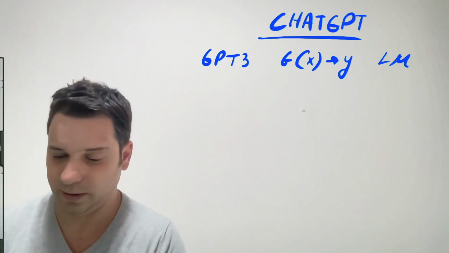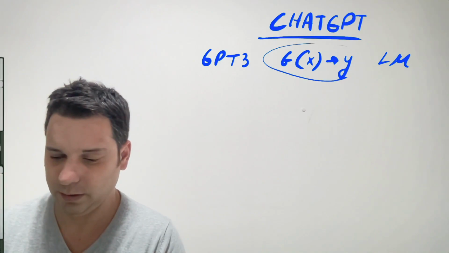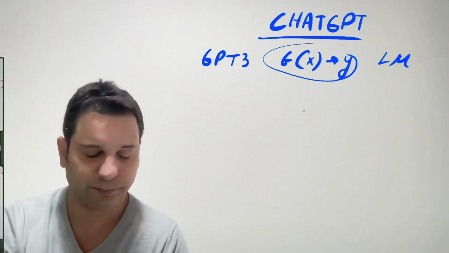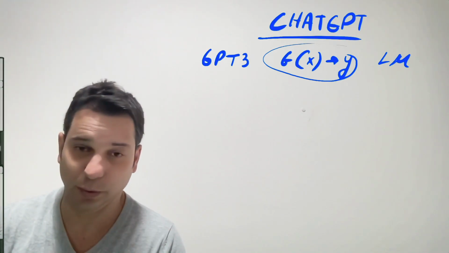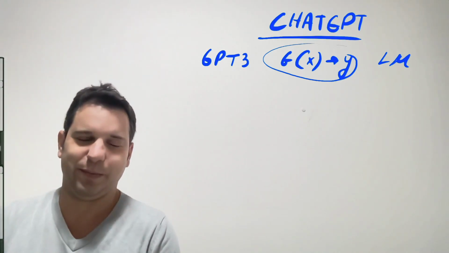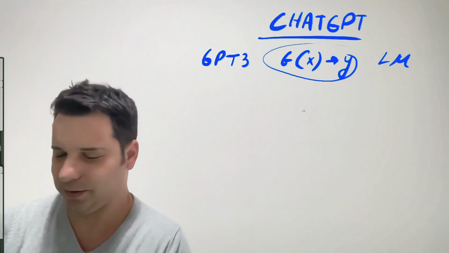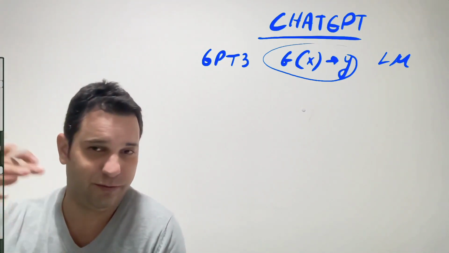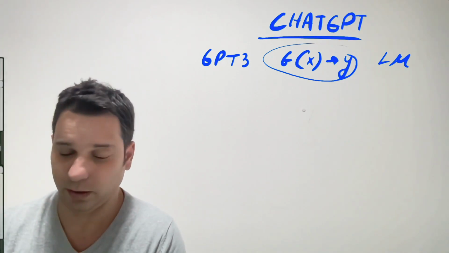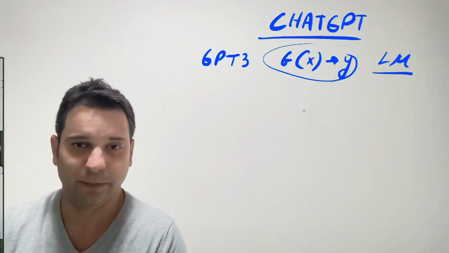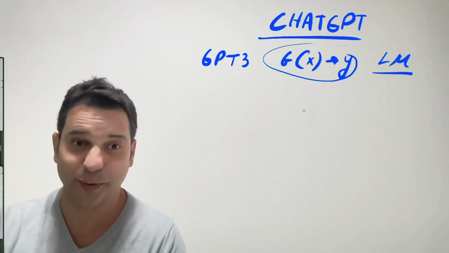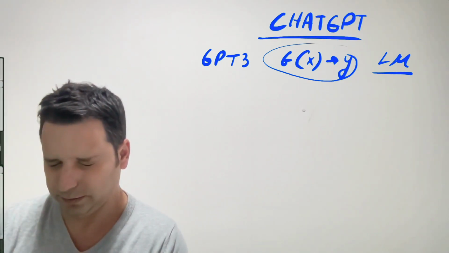You take this model, the G model here, and then you want to improve it to make it better for answering questions or communicating with a human being. Because when you, for example, create a language model out of Wikipedia, it can create text, but not necessarily the text that you instruct the model to produce.